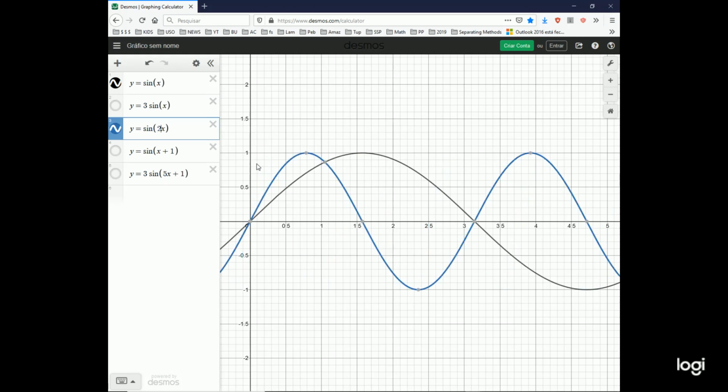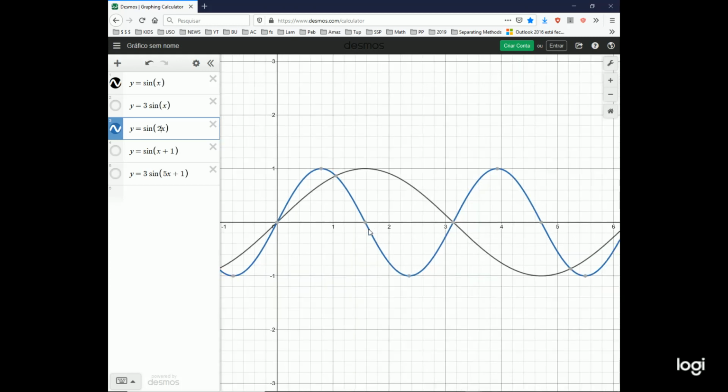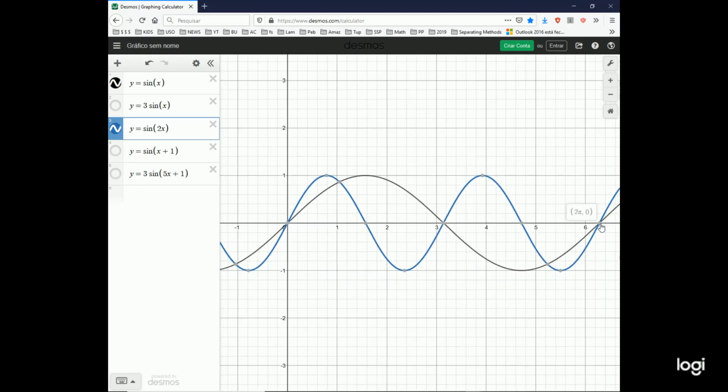If we start with 2, you can see that the full cycle ends at pi, but our initial cycle was finishing at 2 pi. Our initial cycle ended here. Now, because we are changing the period, instead of our blue curve having the first period at 2 pi, the period is now going to be halfway.